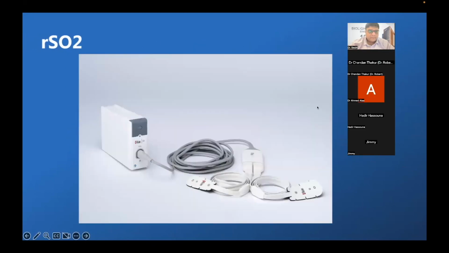Right. So this is our RSO2. This is our module. So every parameter that we have, some monitors have them built in, but for us, most of them are modular. So you can plug in, plug out, you can plug it into another monitor and use it over there. That's very easy. And you can see here we have the sensors, sensor 1 and sensor 2, that you can place on different parts of the body.